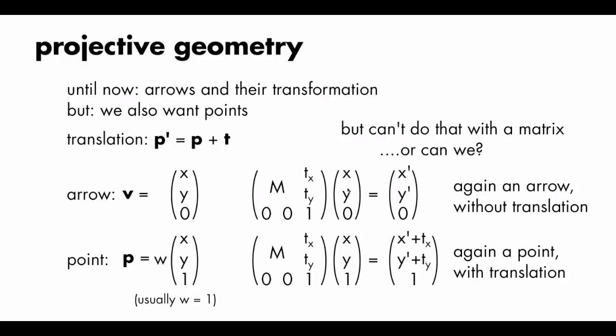So it just transforms the arrow as before, and it stays an arrow because it's still a 0, and the translation part is not used.